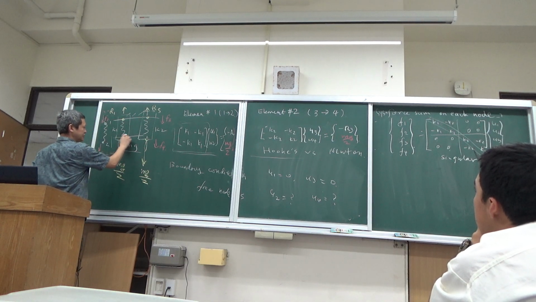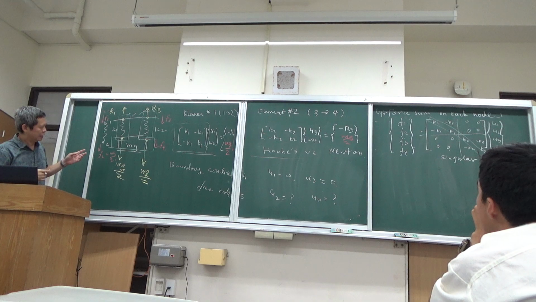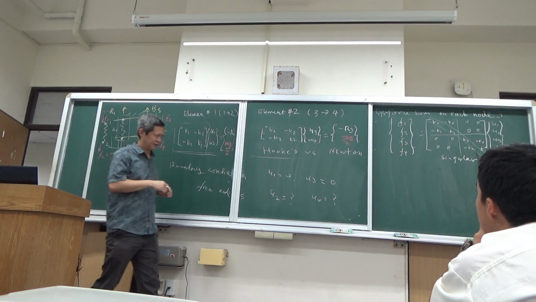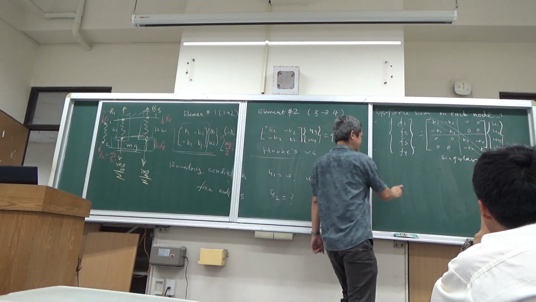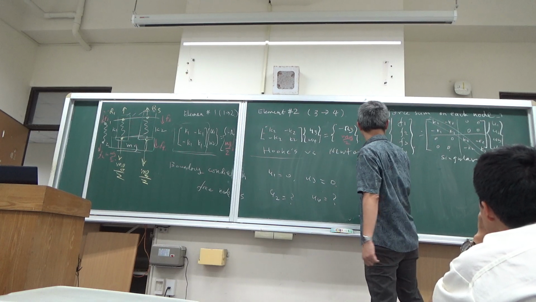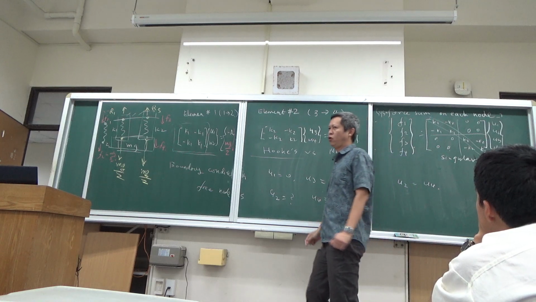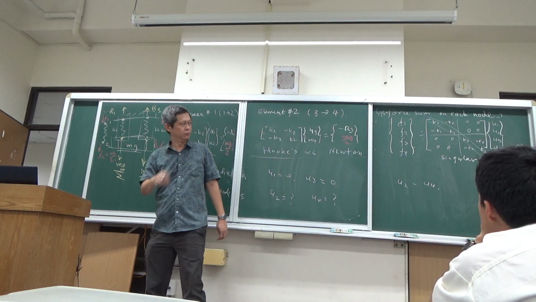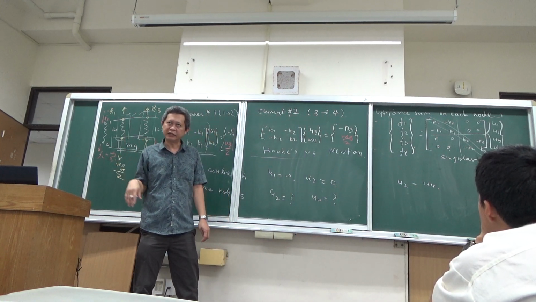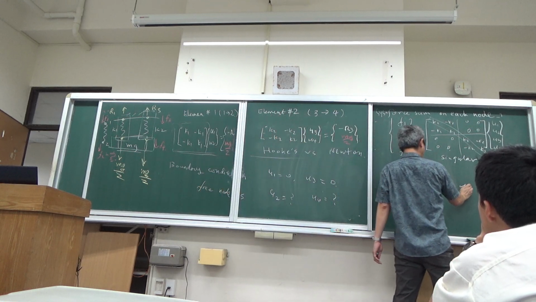If this is balanced, am I going to write something? Yes, you're going to write U2 is equal to U4. Okay? So this is the ideal case where you do the simplification, U2 equal to U4.